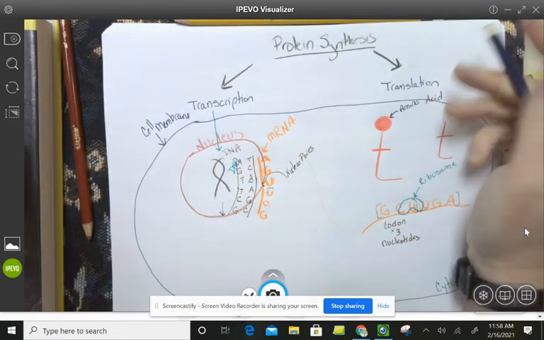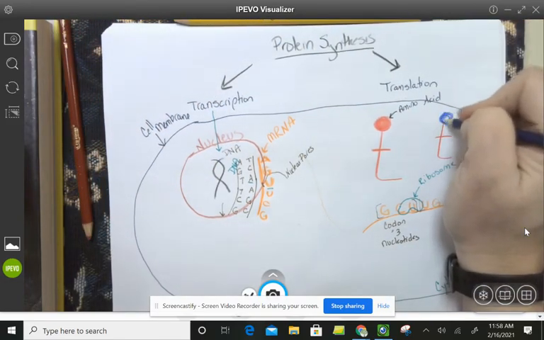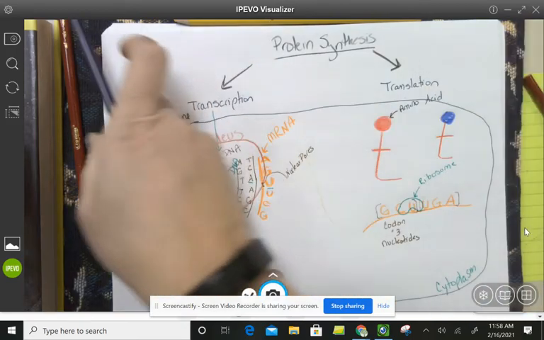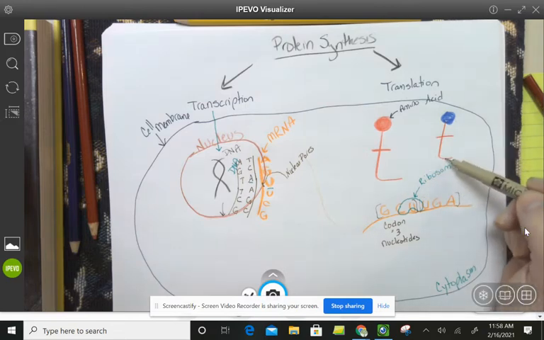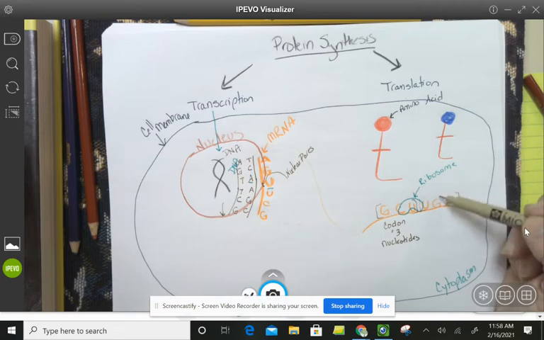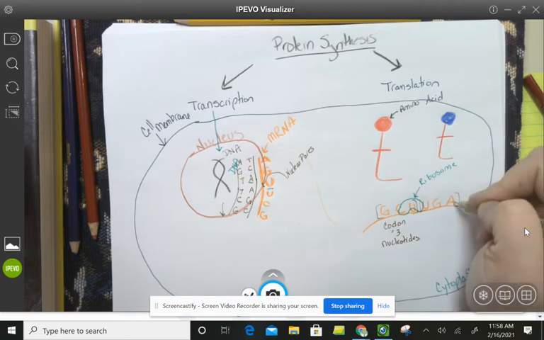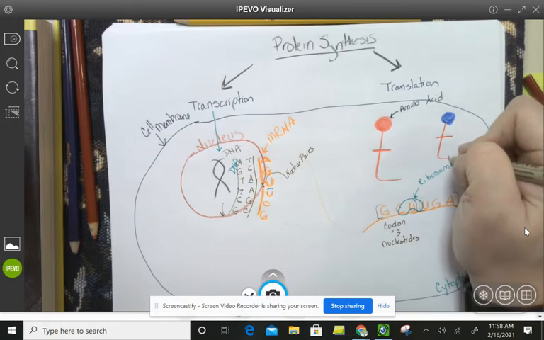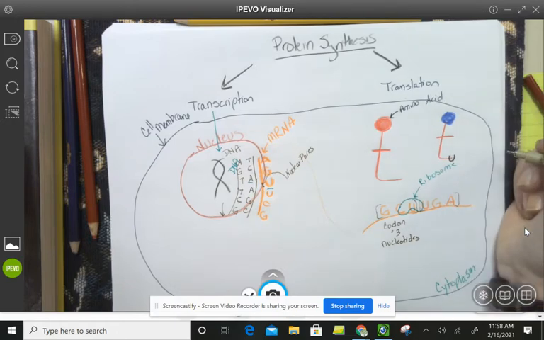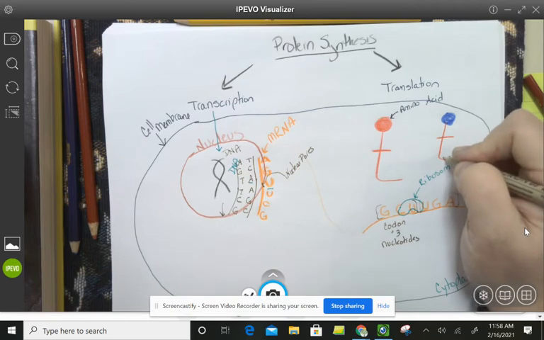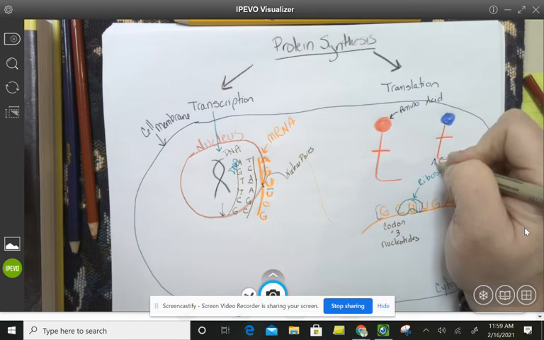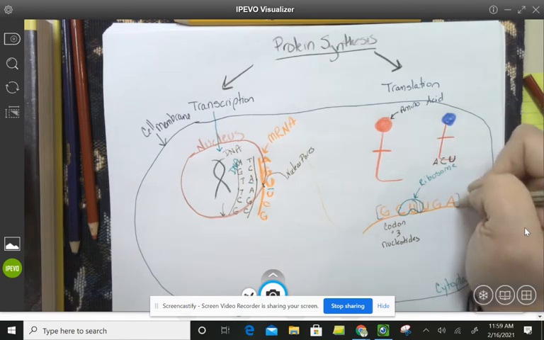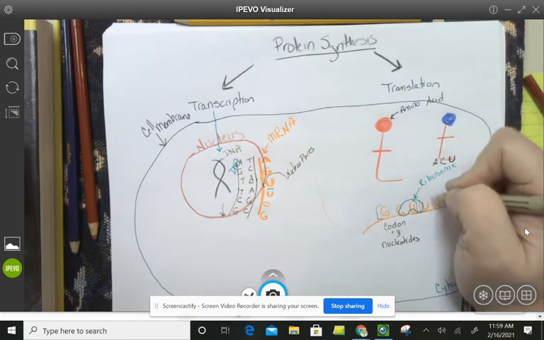And each transfer RNA potentially has 20 different amino acids. So once the transfer RNA figures out where it's supposed to go, it's going to bring its anticodon over to the messenger RNA. So the A is going to look for a U because we are in RNA. The G is going to look for a C, and the U is going to look for an A. Okay? A pairs with U, G pairs with C, U pairs with A.